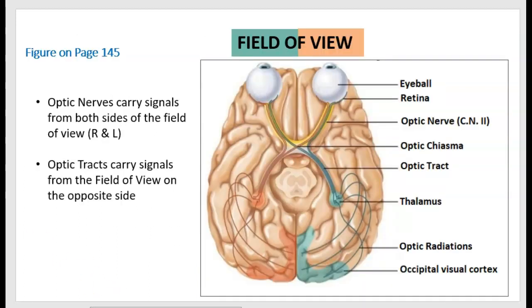Okay, so this picture is shown on page 145, where it says the visual pathway in your lab manual. I've changed it a little bit by placing a box with a field of view in front of it, and color-coded the field of view, so left versus right.